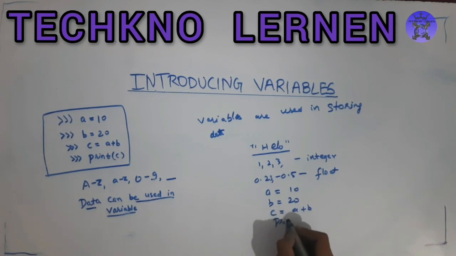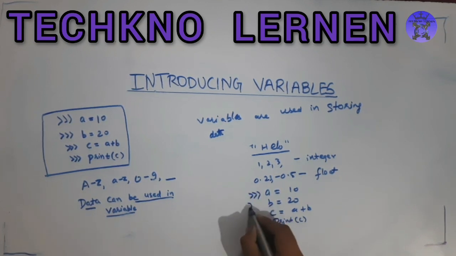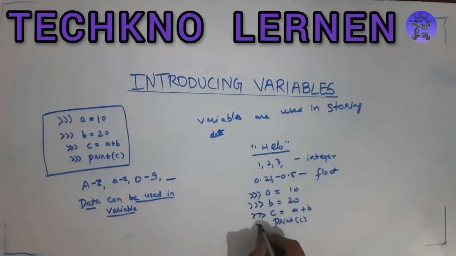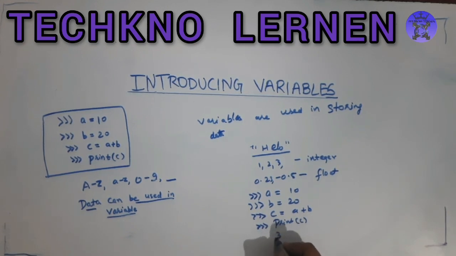After that, if you write print c, you instruct it to print c, and you will get the output in the Python command prompt, the 30, which is the sum of a plus b.